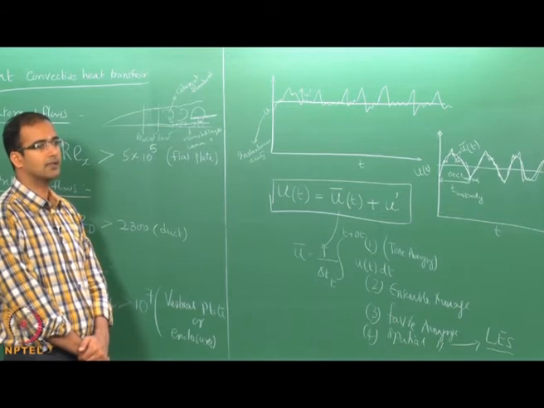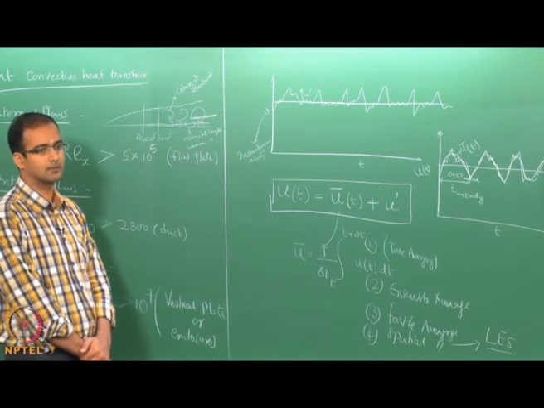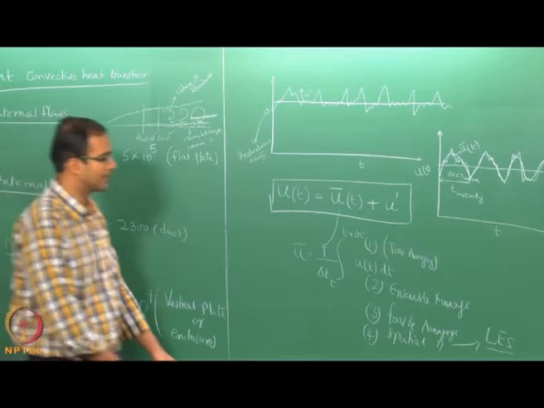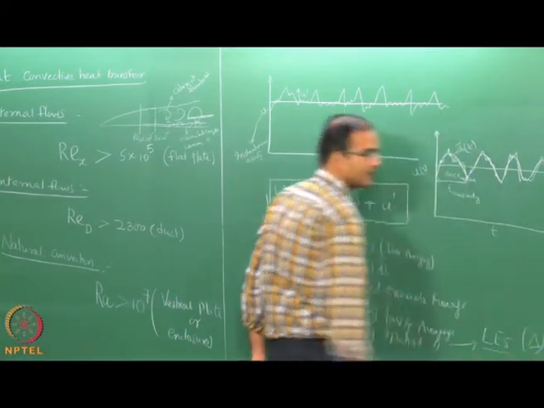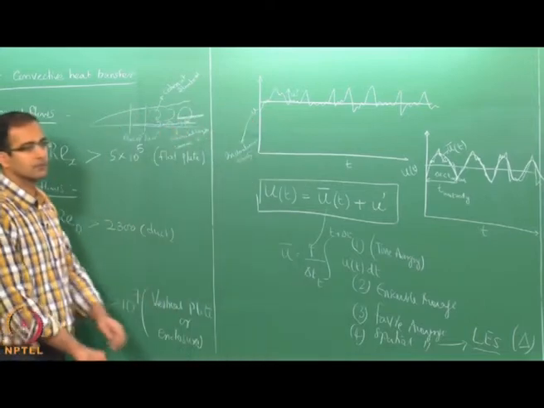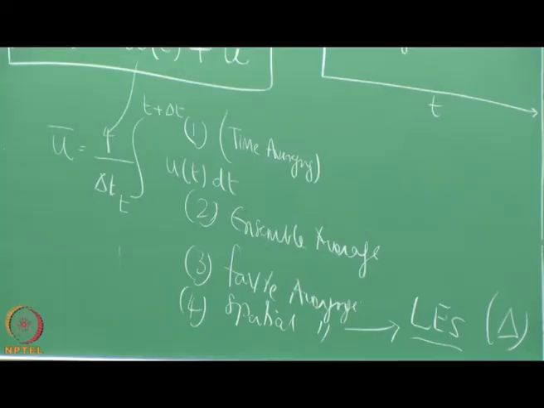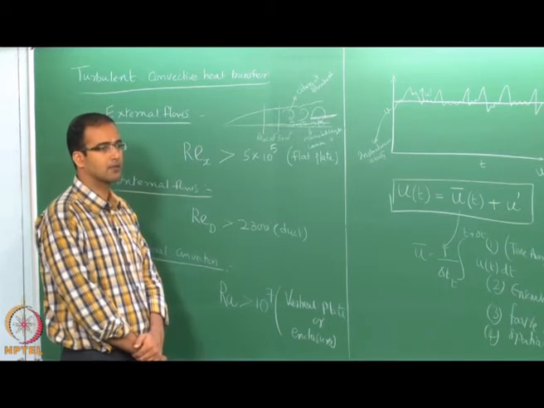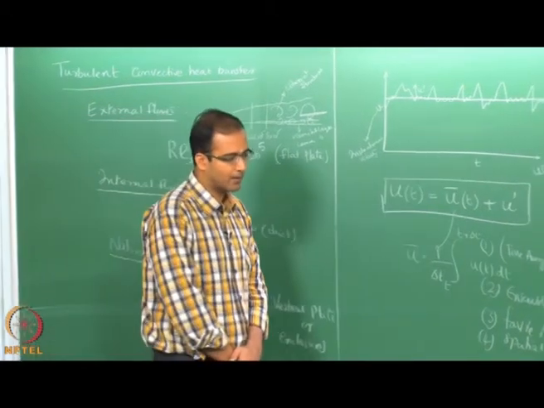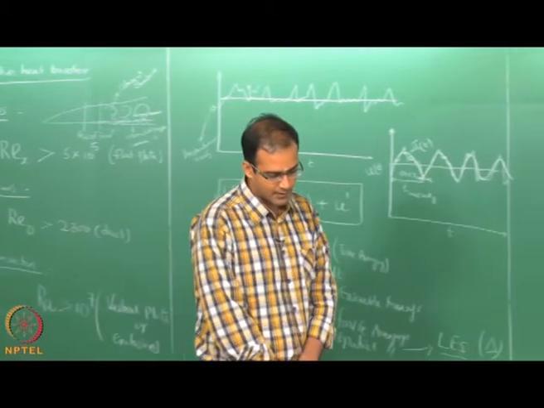Beyond that, all the smaller eddies have to be modeled. So, in LES, the spatial filter is typically the grid size delta. Like this, you can talk about different ways of doing this average, but nevertheless, after you average, you say that the instantaneous component is a superposition of the mean component and the fluctuating component.